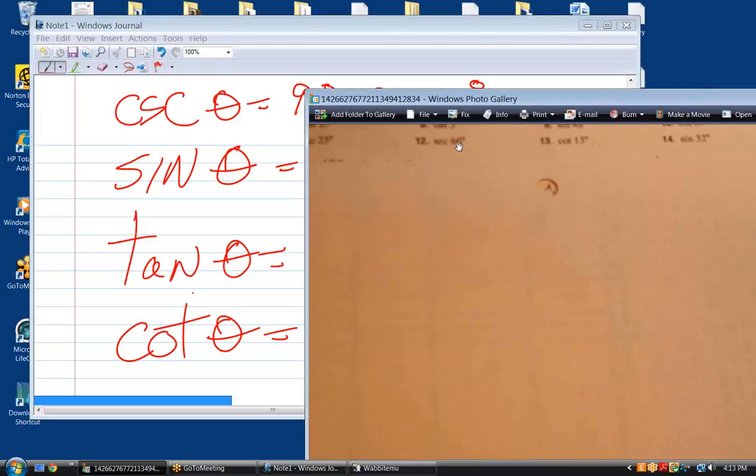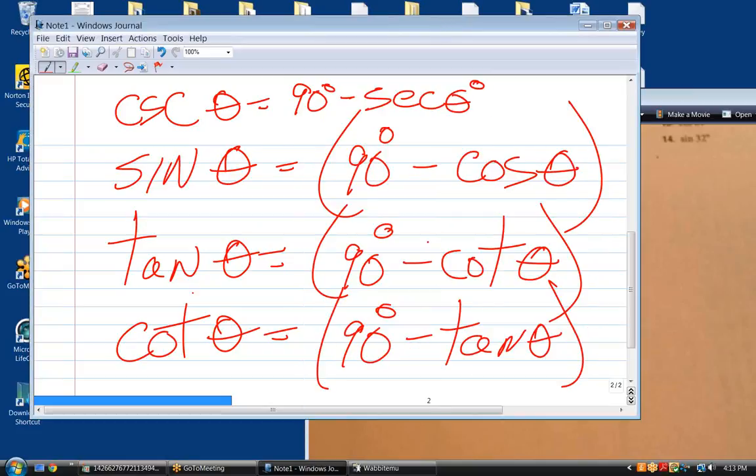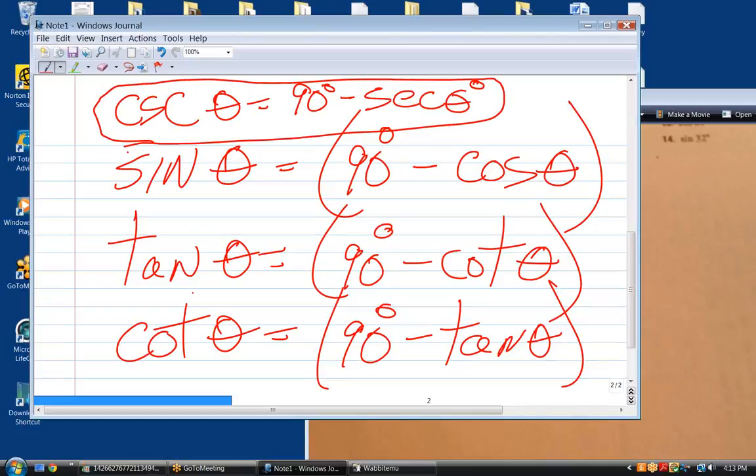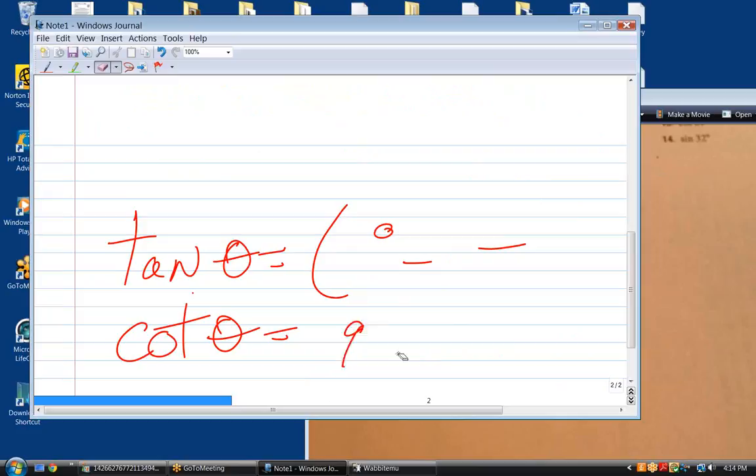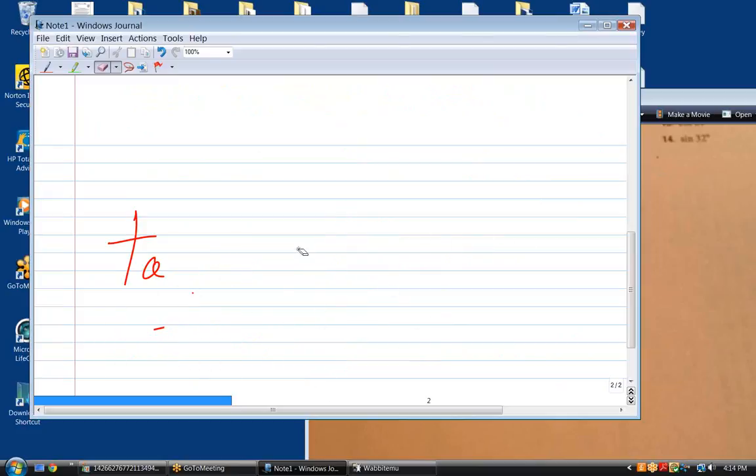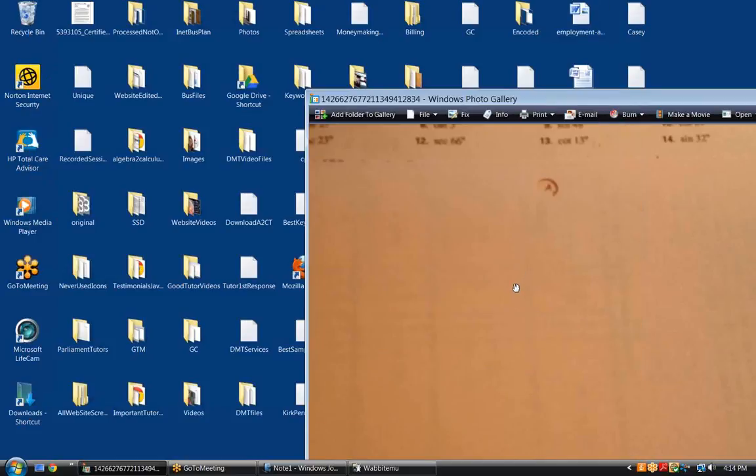So this problem here, the secant of 66 degrees, we could actually use this formula if we wanted also. Forget everything I'm saying here. If you haven't had that, that's just going to confuse you. If you have not had the cofunctions, all you need is the reciprocal functions, and you don't need that because of your Inspire.